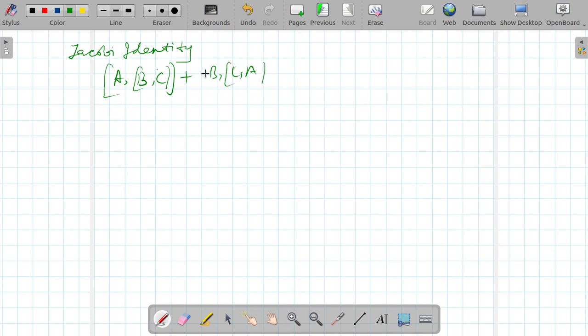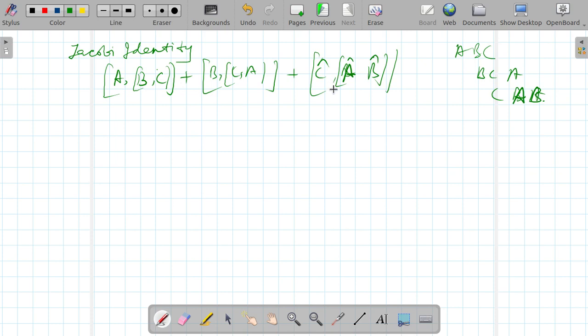I have to remember it in this manner. So this must be equal to 0. This is the Jacobi identity, and let us try to solve it.